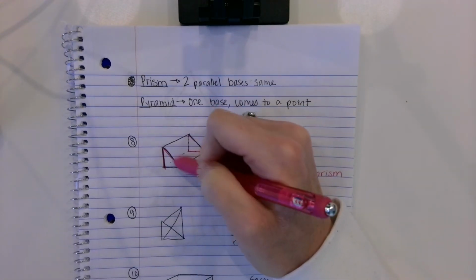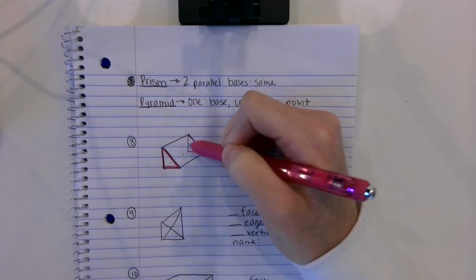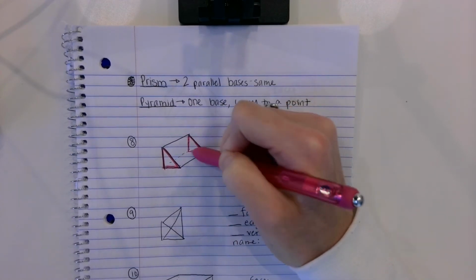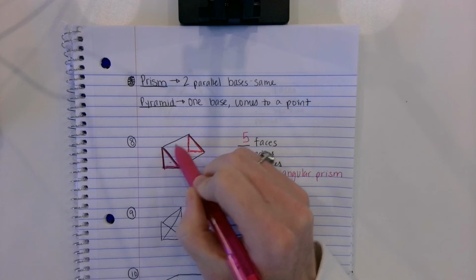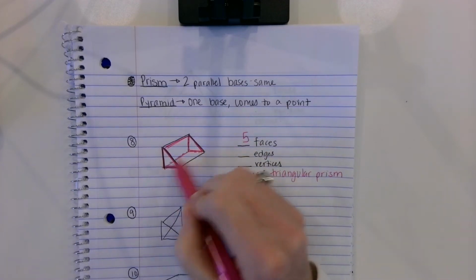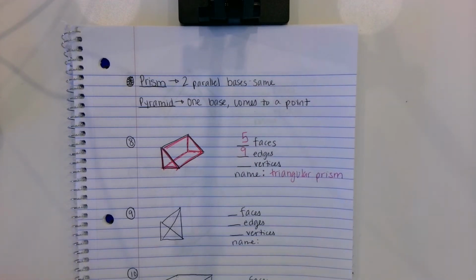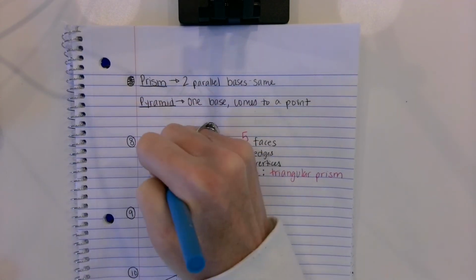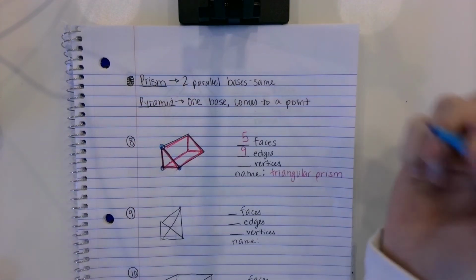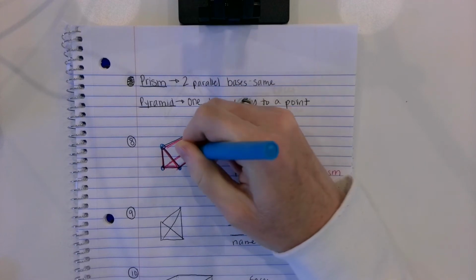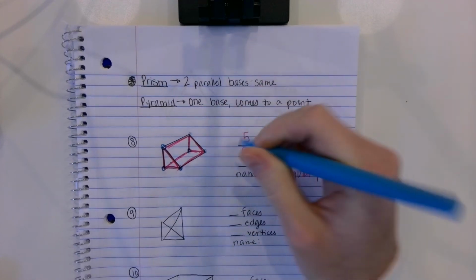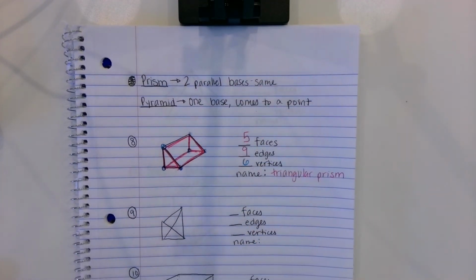So 1, 2, 3, 4, 5, 6, and then connect them. 7, 8, 9. 9 edges, and then how many vertices, or how many points that 3 of the lines come together to form that point. So 1, 2, 3, 4, 5, 6. So 6 vertices.